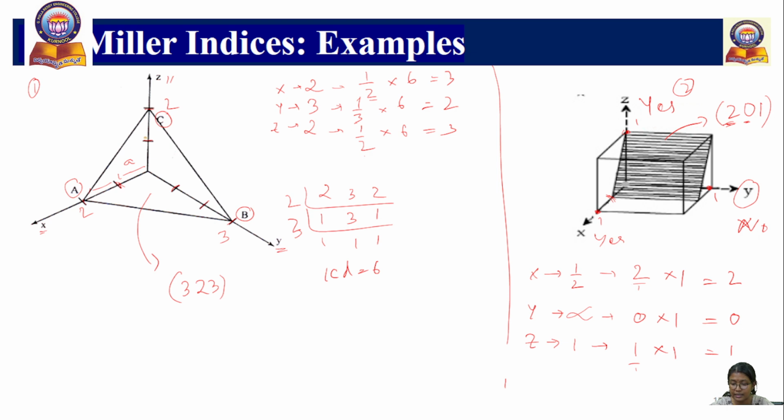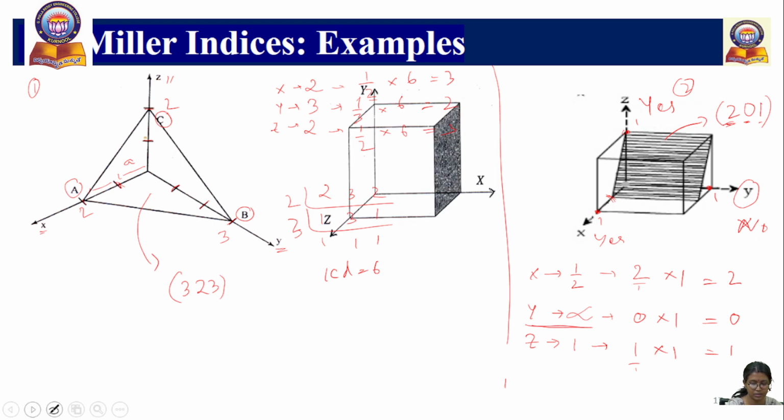If it is cutting at unit length of a, b or c, we get the Miller index 1. So this is an important feature in Miller indices. Whichever axis it is not cutting, the intercept is supposed to be infinity. Done. So this kind of practice you have to do more. By looking at the plane, you should be able to tell what the Miller indices is.